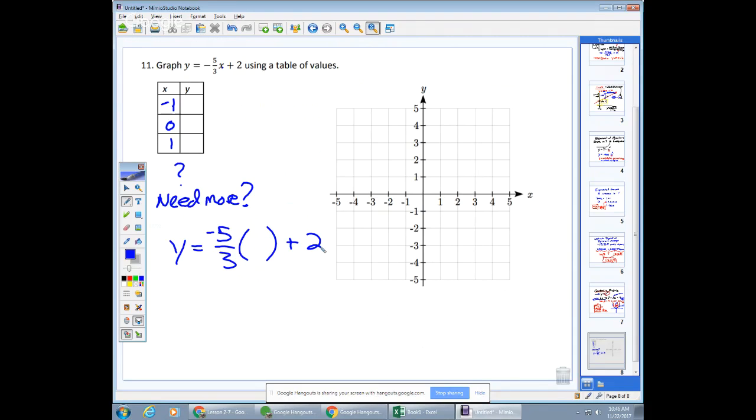So if your example had a -x, instead of plugging in -x, I would write it as negative parentheses, and if they said to put in a -1, negative times a negative would be a positive. Right. Okay.